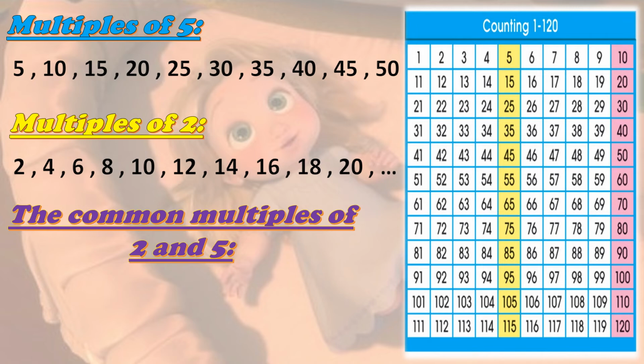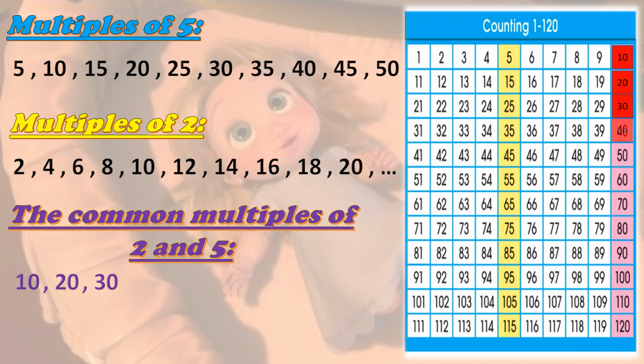I will check here. 5, no, it's an odd number, so it's not in multiples of 2. 10, yes, it's in multiples of 2, so it's a common multiple of 2 and 5. Check again. 15, no. 20, yes, I can find it in multiples of 2. 30, yes, also in multiples of 2.